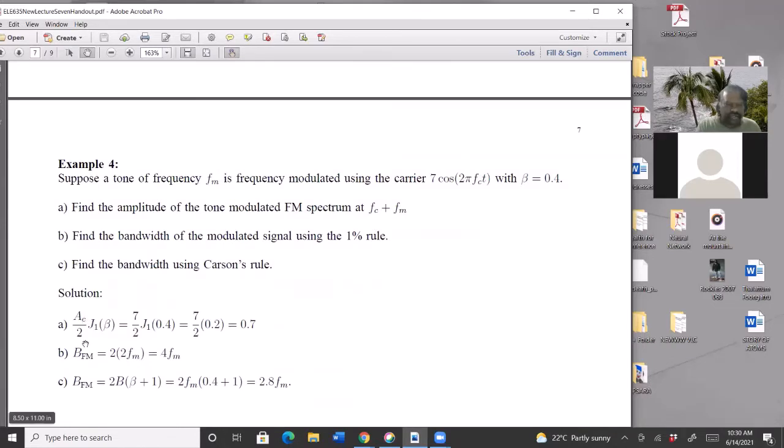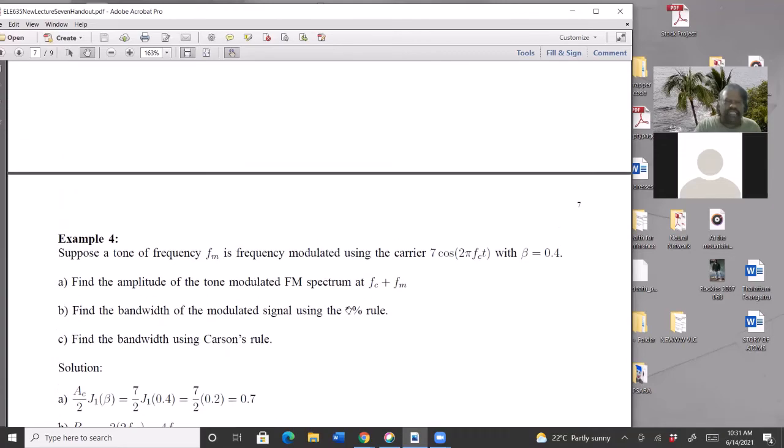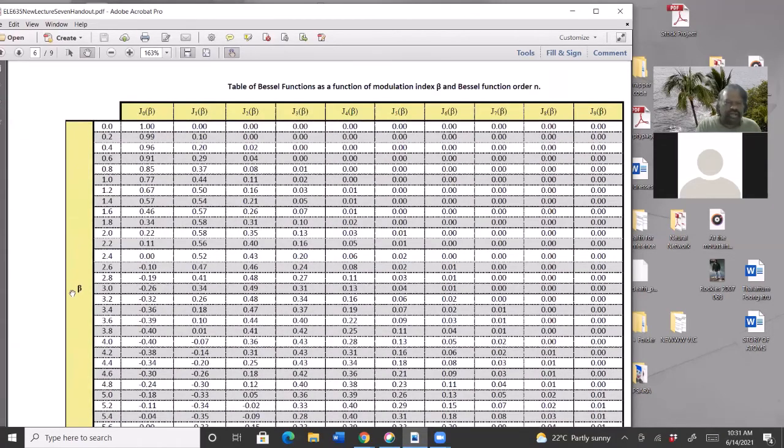So A sub c over 2, J1 at 0.4 because that's given. So we have to find J1 at 0.4 and multiply by 7 over 2. So let's go to the table. J1 at 0.4. Beta is 0.4. Where is 0.4? 0.4 is here. J1 is 0.20. See J1.